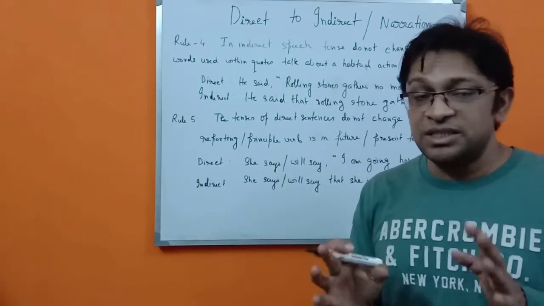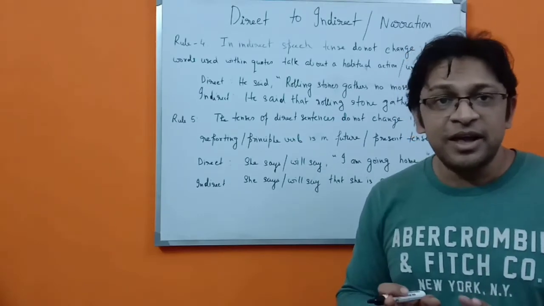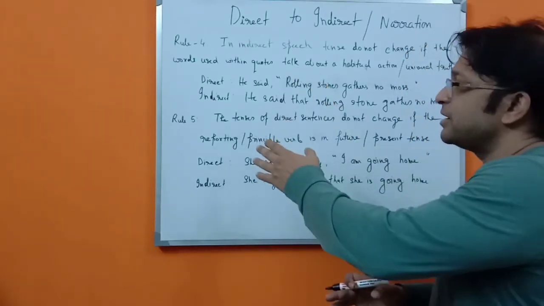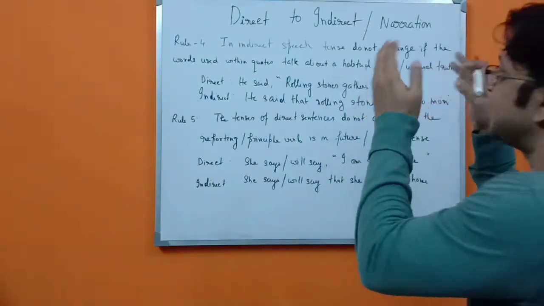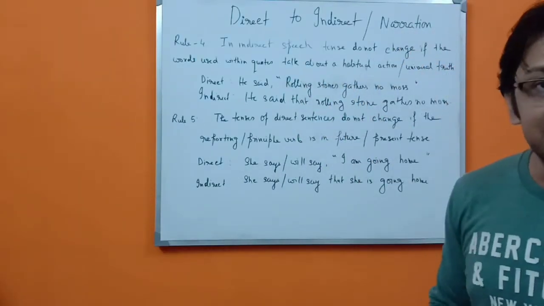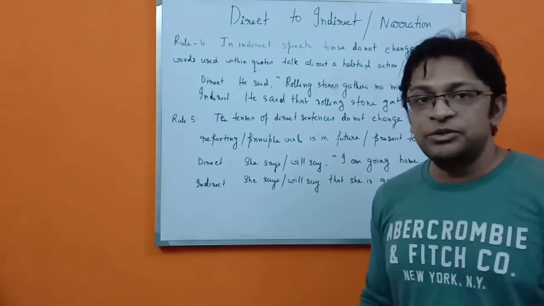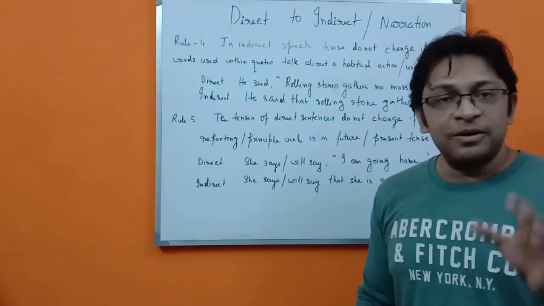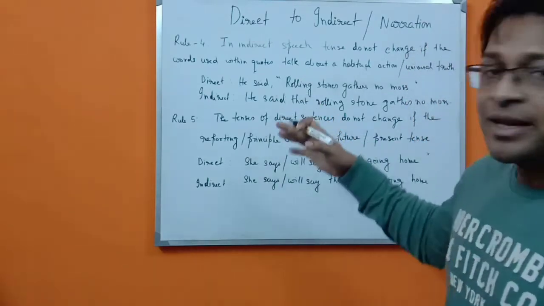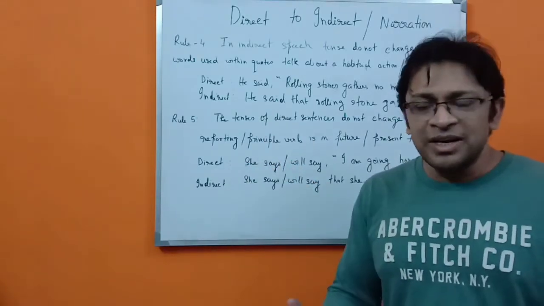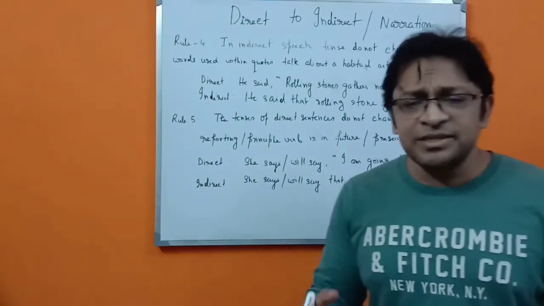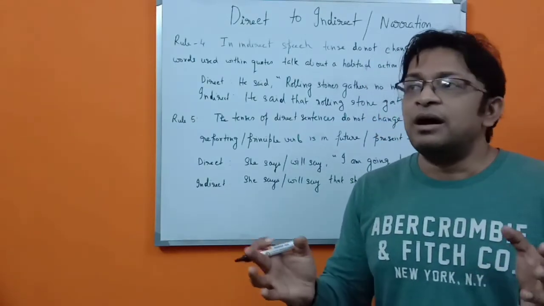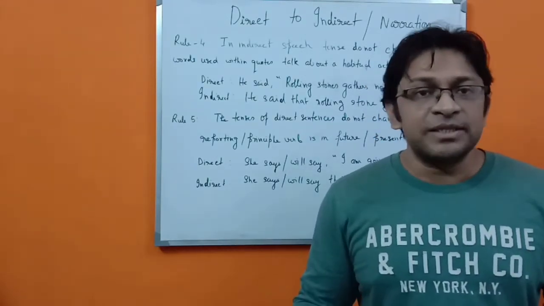You have to understand which are the universal truths or which are the habitual actions, because if a habitual action or a universal truth is mentioned in the direct sentence, you are never going to change the tense of that quotation. Okay, there may be some other examples also, like this: the priest said, "God sees the truth but waits."